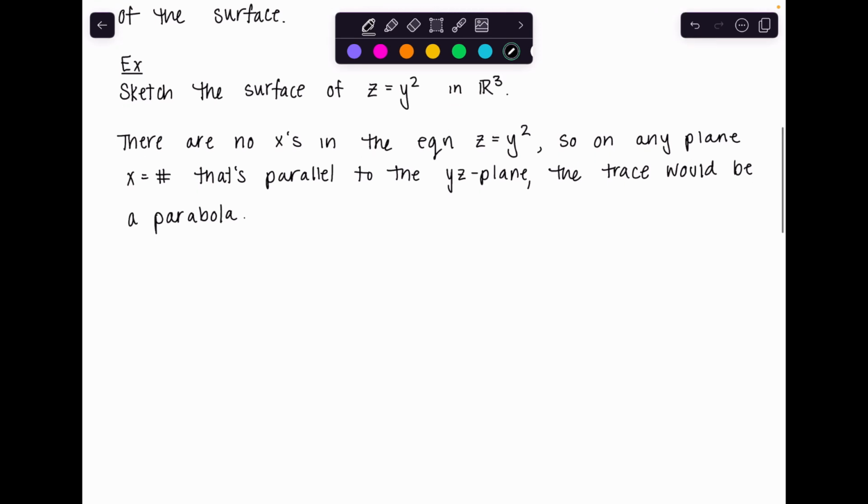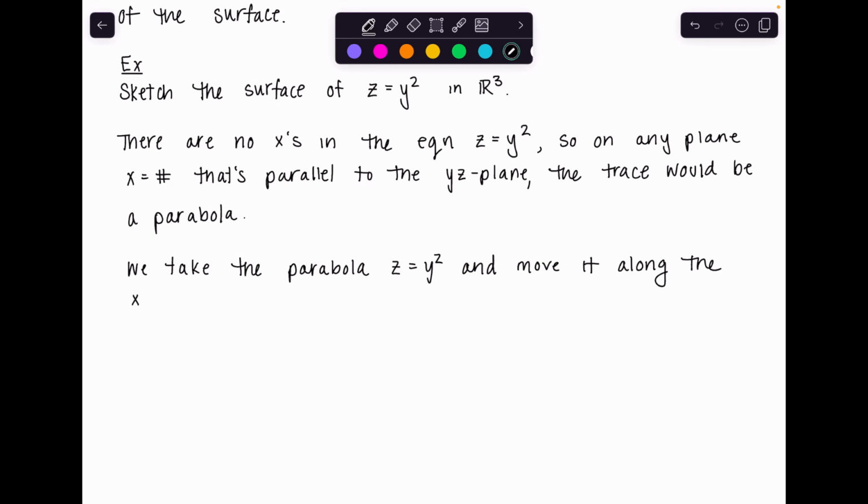So essentially what we're doing is taking the parabola that's in the YZ plane and moving it along the x-axis.